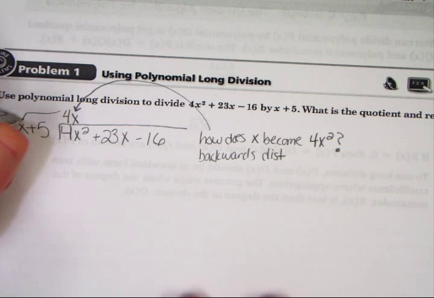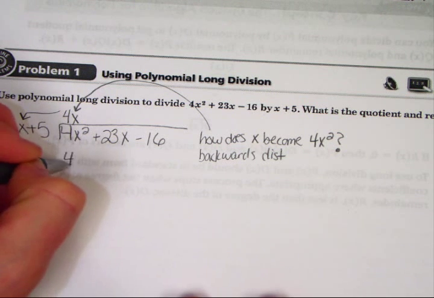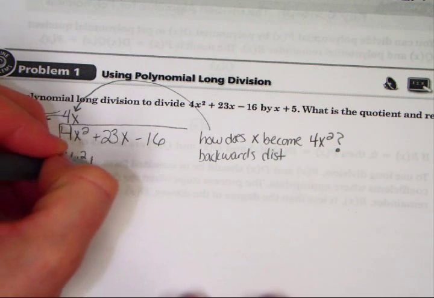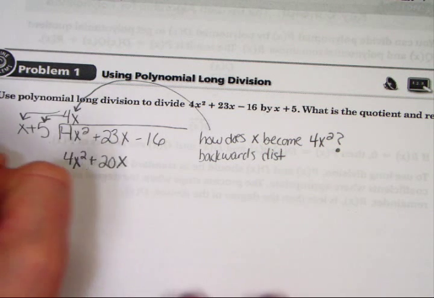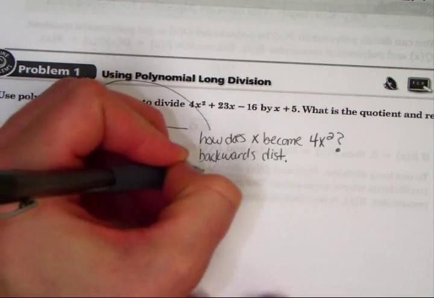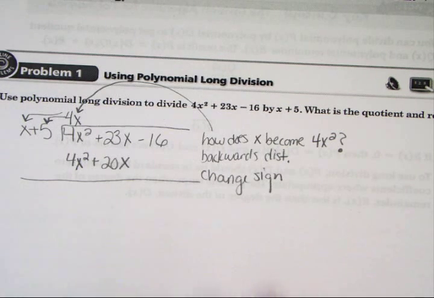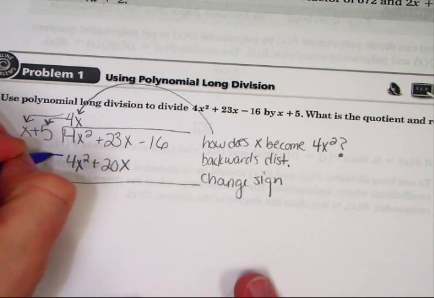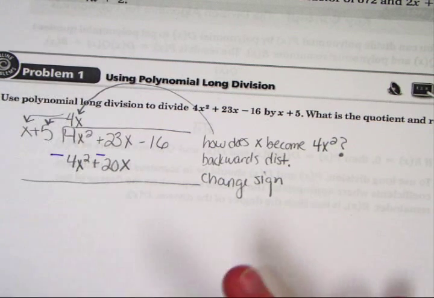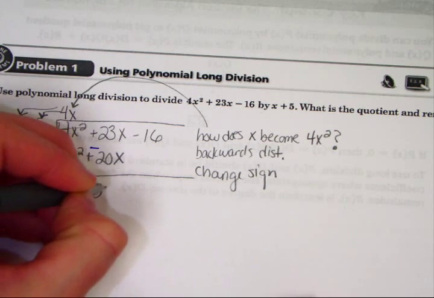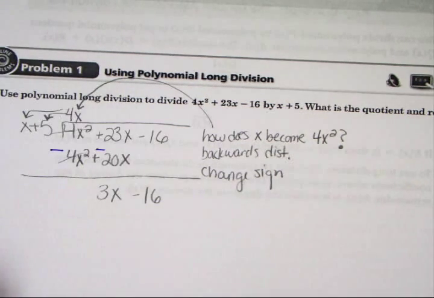So we do 4 times x, and you get 4x squared. Then you do 4 times 5, and you get plus 20x. So you backwards distribute, and now we change our sign, because remember, just back from Algebra 1, you change your sign whenever you subtract for your division. So this becomes a minus now, and this becomes a minus now. These two will now cancel, and you get a positive 3x minus 16.